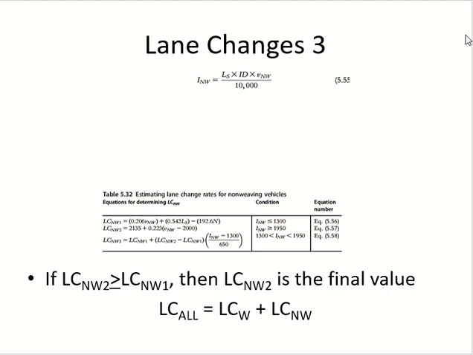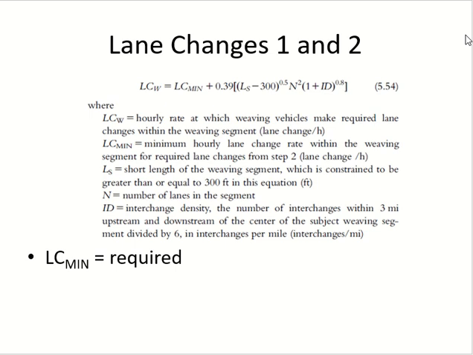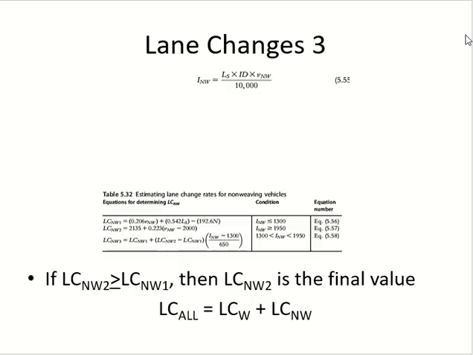Clear? Okay. So this was lane changes by weaving people, required, non-required. Lane changes by non-weaving people, one of them, and then you add them, you will get total number of lane changes.